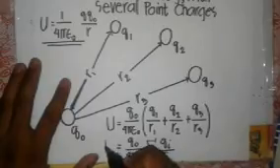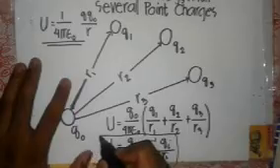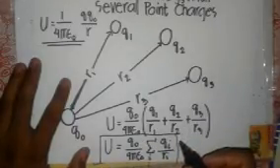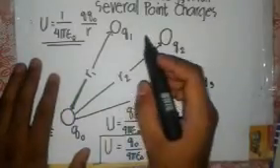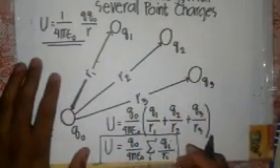So this is our equation for a point charge q naught and its collection of charges q sub i.